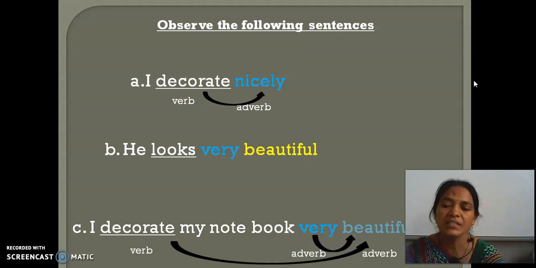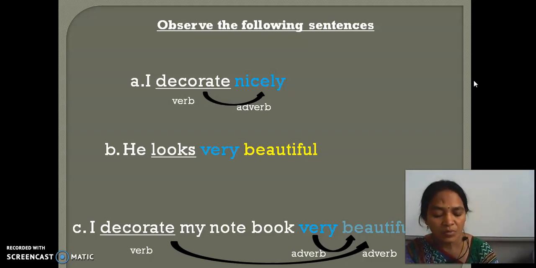What is the second sentence? He looks very beautiful. You know, what is this word beautiful? What is this word beautiful doing in the sentence? Describing what?